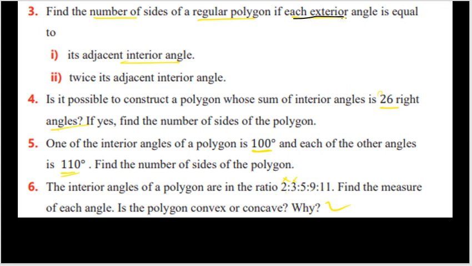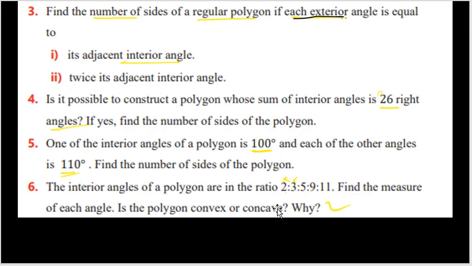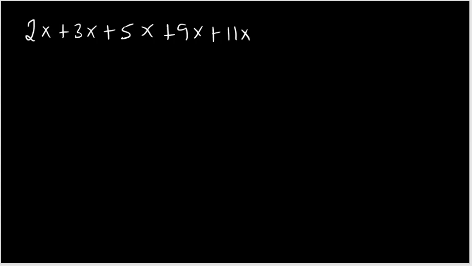Okay, let's go on. 2x plus 3x plus 5x plus 9x plus 11x. Yeah, 2, 3, 5, 9, 11. These are the angles.